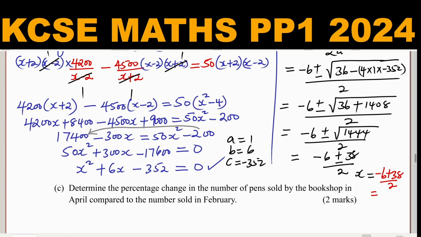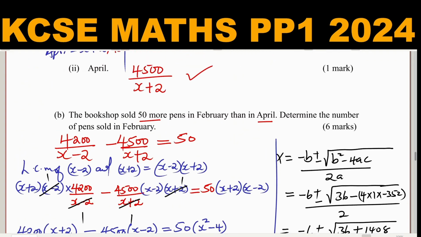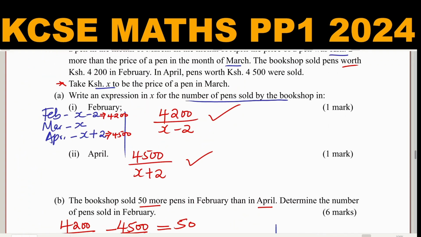So this will be 32 divided by 2, which will be 16. The other one will be negative 22, so you ignore that and take 16, so x is 16. That is the price of each pen in March.